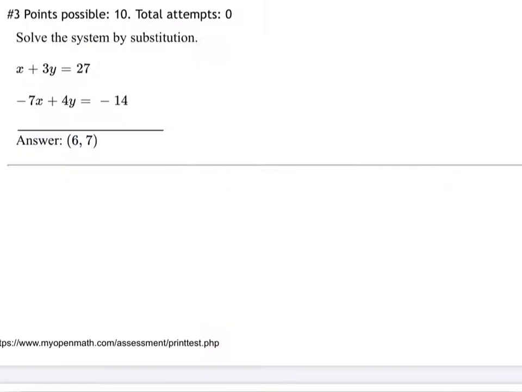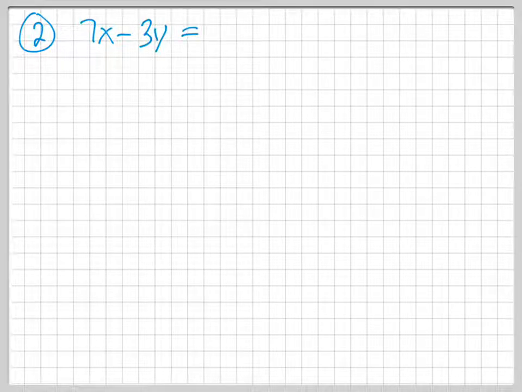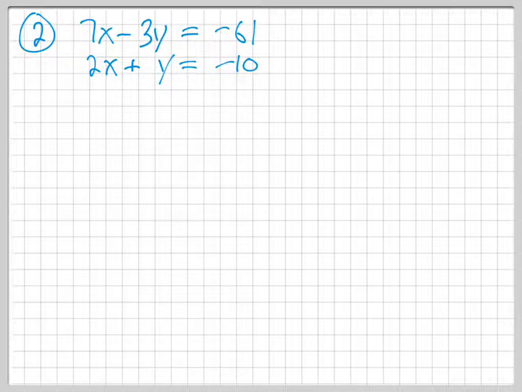We're going to have to go to a fresh screen where we have some room. So number 2 says 7x minus 3y is negative 61, and 2x plus y is negative 10. Okay, same deal.